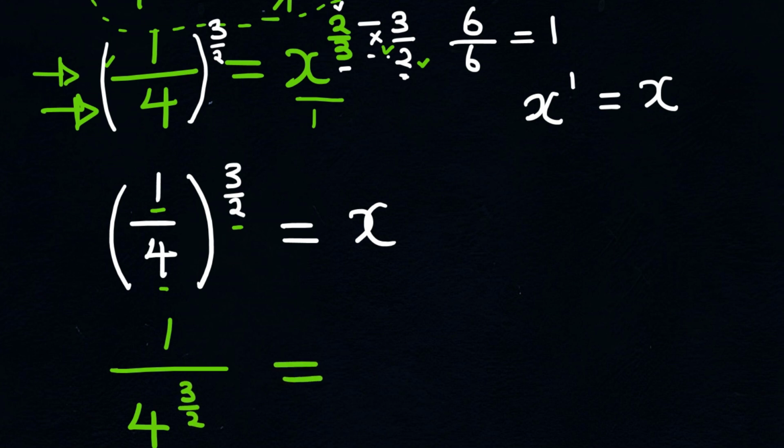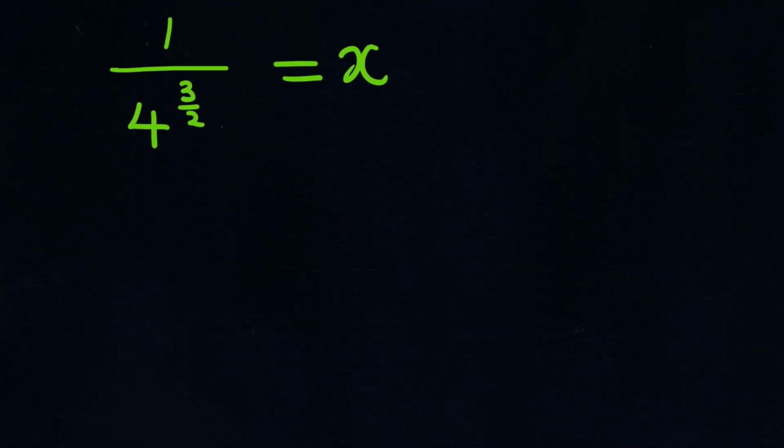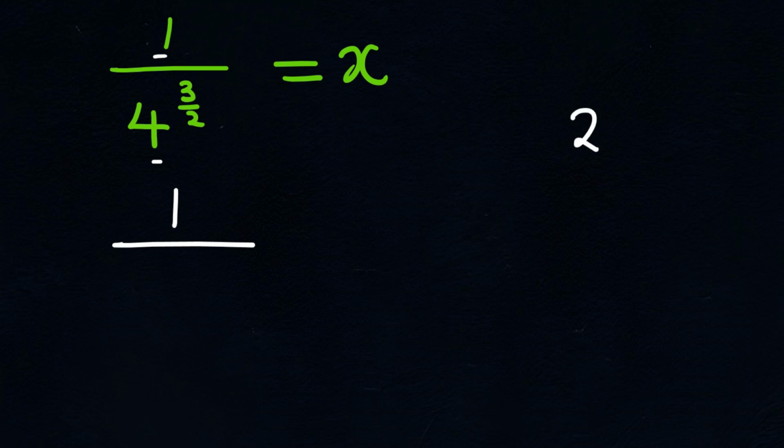This is going to be equal to x. And to simplify the denominator, we're going to say 1 over, and we know that 4 is the same as 2 to the power of 2, and this 2 is going to be multiplied with the exponent of 3 over 2.